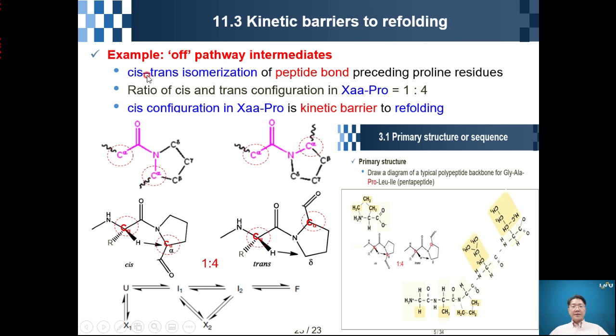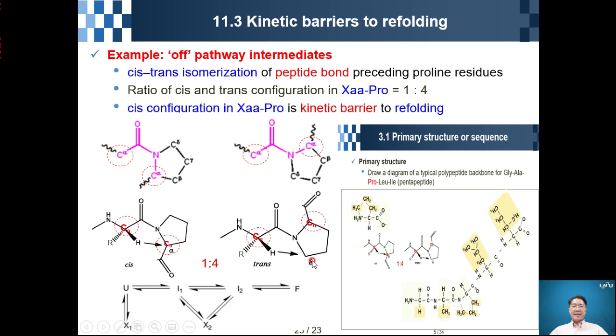So cis and trans isomerization of peptide bonds preceding a proline residue is available, like this. And also the ratio of the cis and trans configuration in XAA to proline is 1:4.